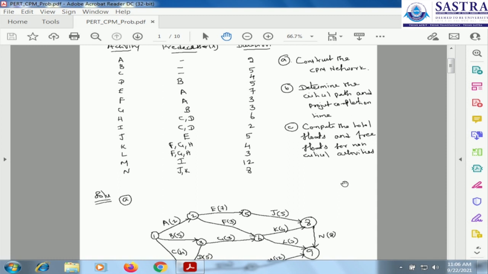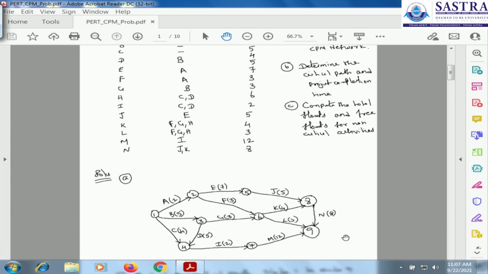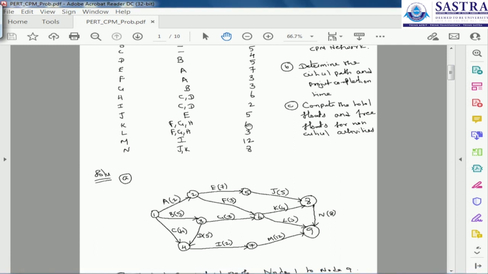So for these three activities we don't have any predecessors. They start from the initial node, which we mark as 1.